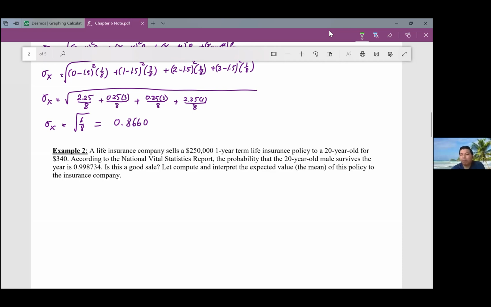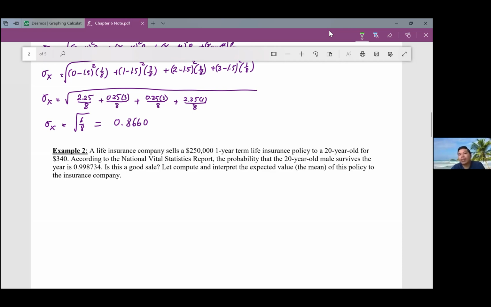After the first year, you pay $340, and if the person happens to pass away, the family receives $250,000. After the second year, the person pays another $340, and if something happens, the family gets the $250,000 for that.